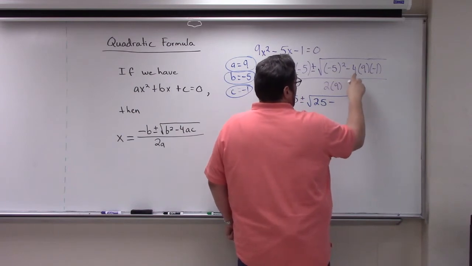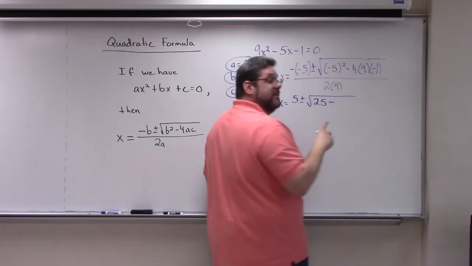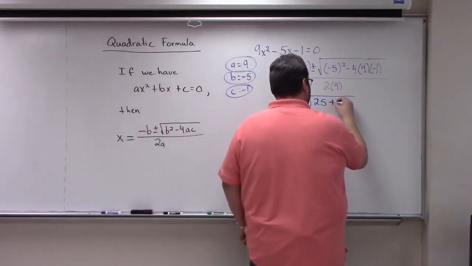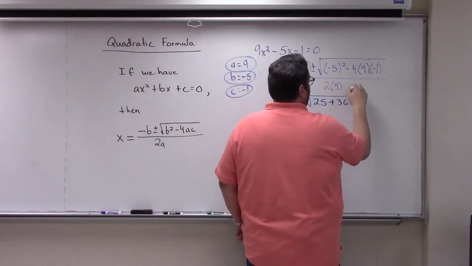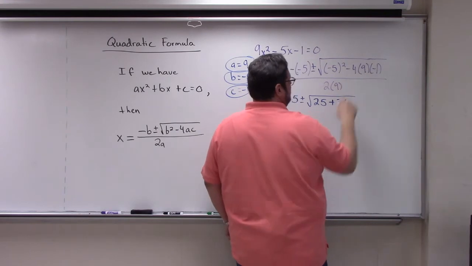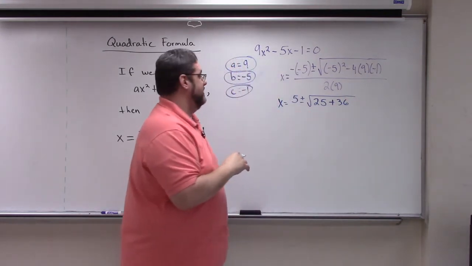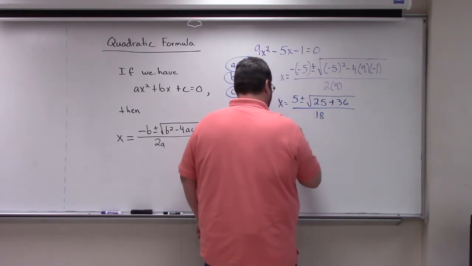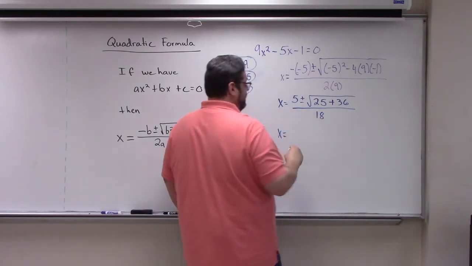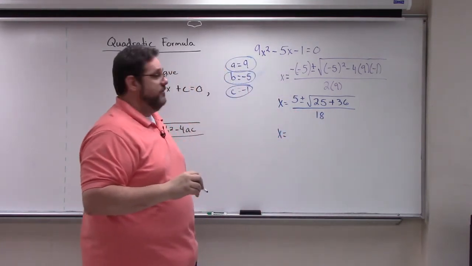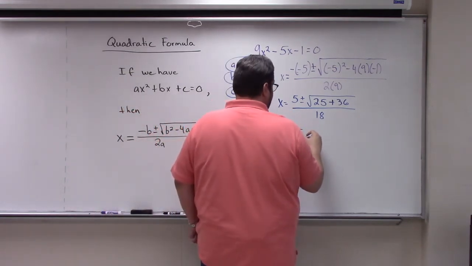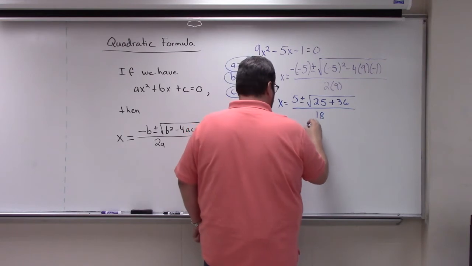Minus 4 times 9 is negative 36, times negative 1 is positive 36. So minus 4 times 9 times negative 1 gives us plus 36. And all of that is over 18. Okay, and we are rolling on. What is 25 plus 36? Well, 25 plus 36 is 61.